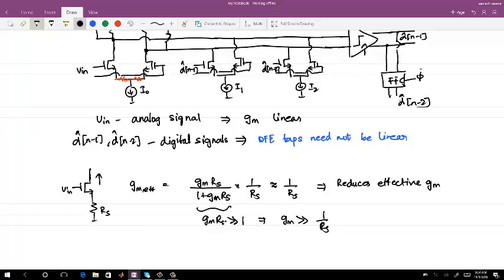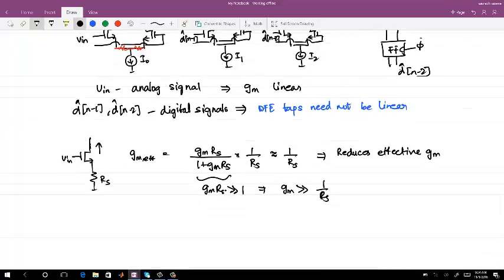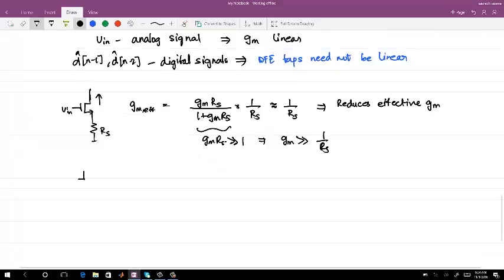Now you can implement this in two different ways. One way is that the current source is like this, with RS and RS, and the other case is this.